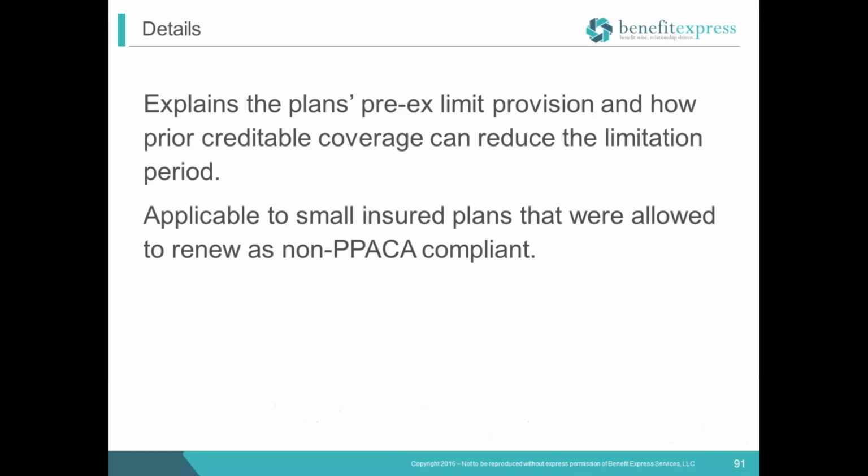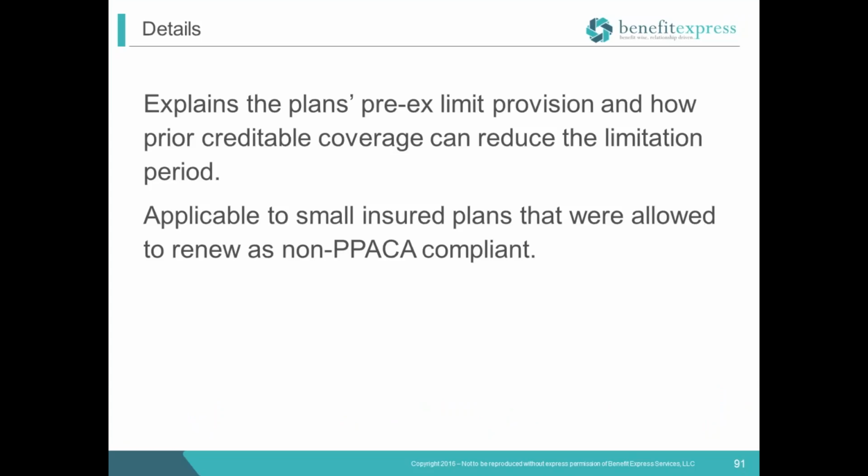And then this next notice does not apply to that many individuals. It applies only if you have a plan that's not subject to healthcare reform. It's the general notice of pre-existing conditions, which explains the plan's pre-existing condition provision and how prior creditable coverage can reduce it.